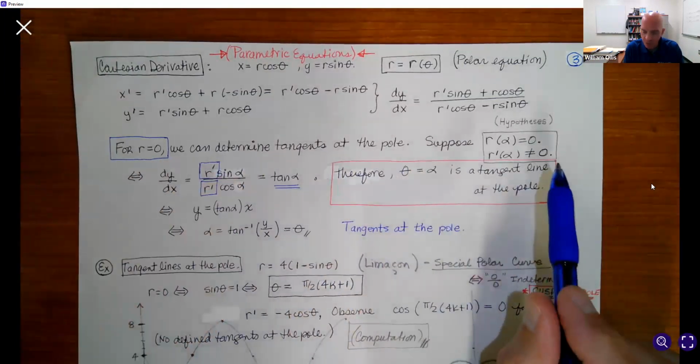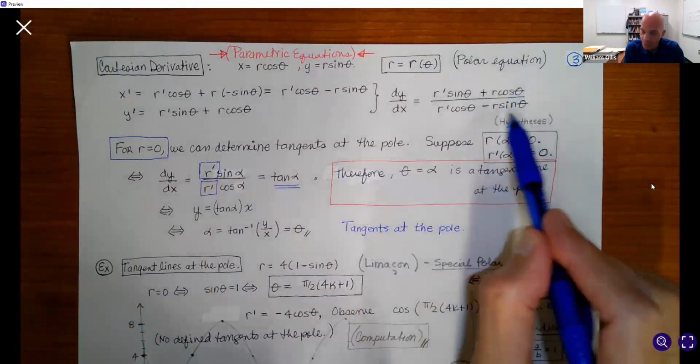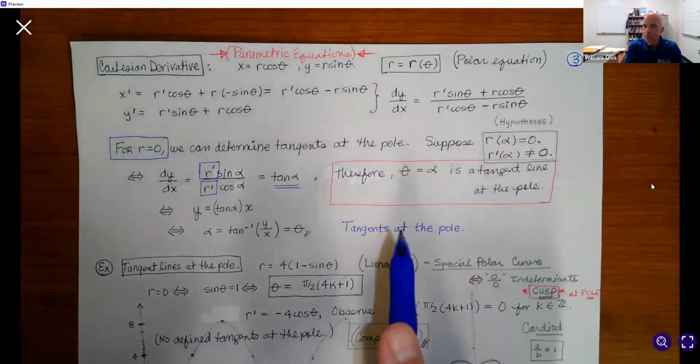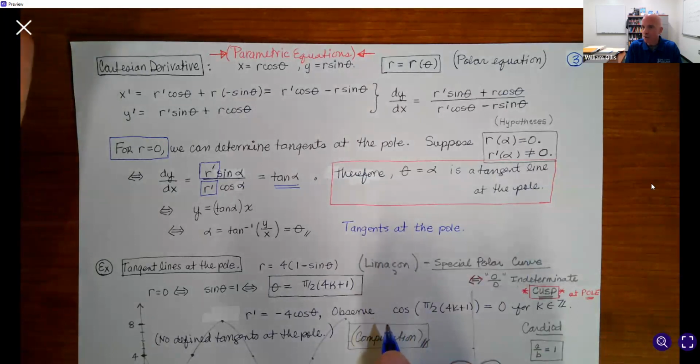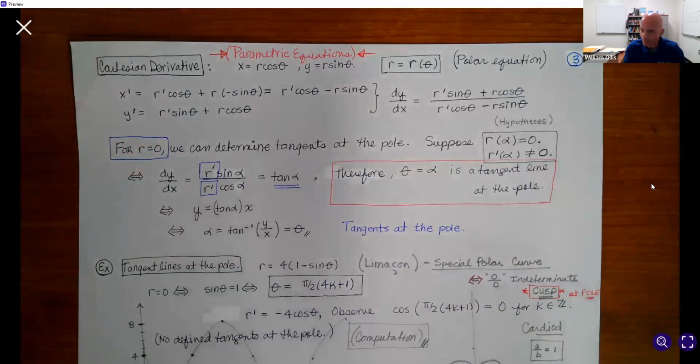But what's important about this is that if r is equal to 0, these two terms are absorbed. But then that means that r prime must be non-zero. Otherwise, we'll end up with a cusp pathology, which we've already seen in our previous examples of the epicycloid and the cycloid. So that's kind of a thorn in our side, but not a bad one.